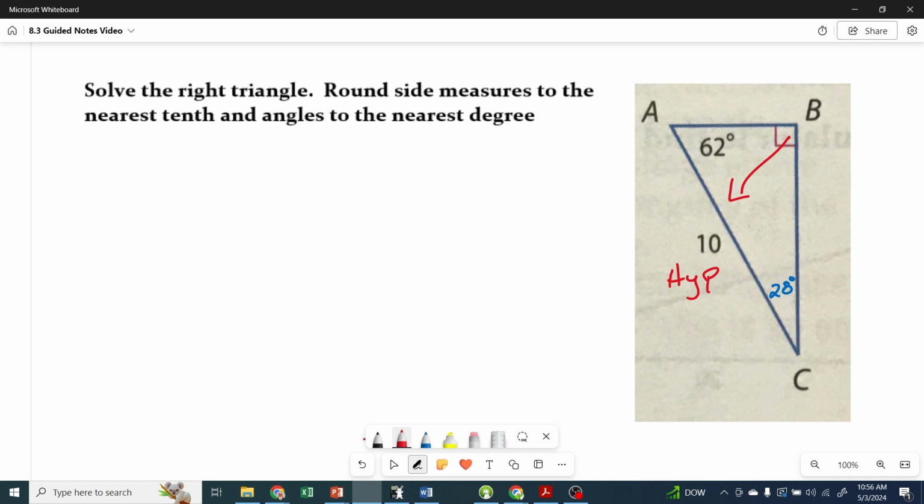So the cosine of 62 is equal to, well, if we do cosine, that means we got to find this adjacent here. So in that case, we're going to use the adjacent, which is AB, the length of AB, over 10.